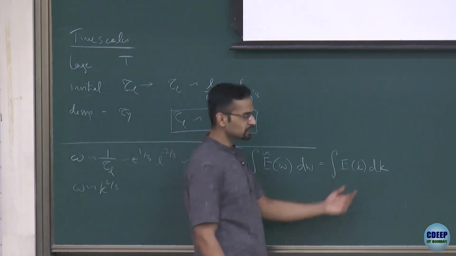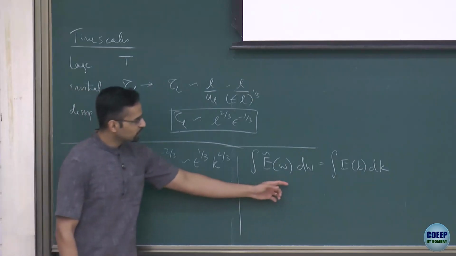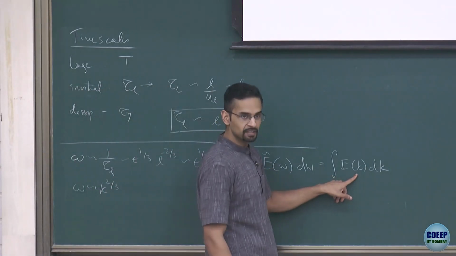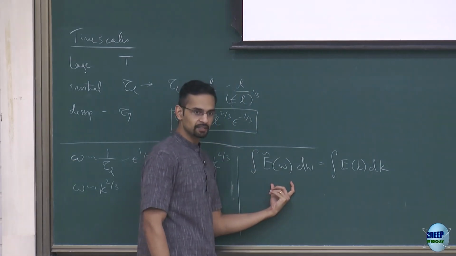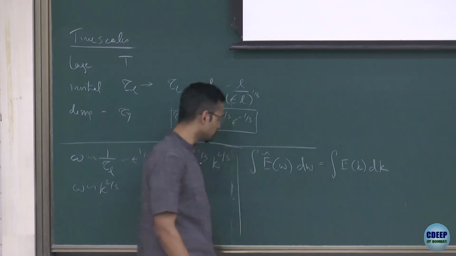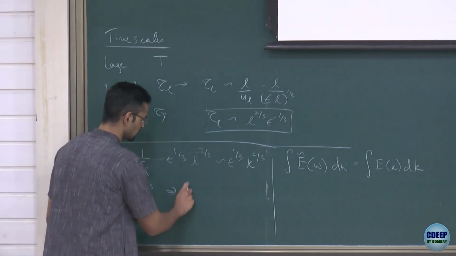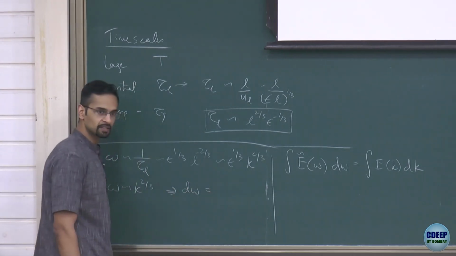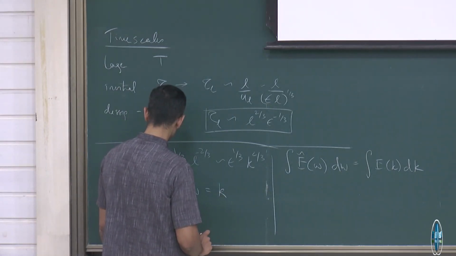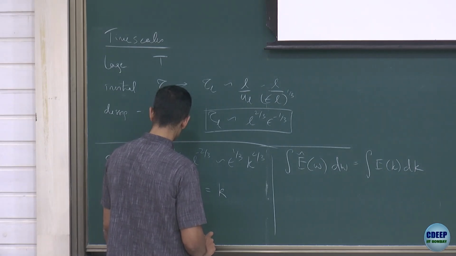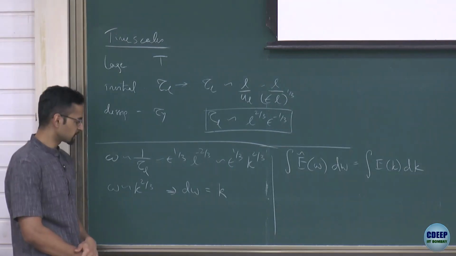So now you can think of this just as a change of variable, the way you change a variable in a PDF. I know this, k to the minus 5/3 dk. Can I rewrite it like this? The answer is yes, because I know the relation between omega and k. So from here I can just say d omega is equal to... what will be d omega if I differentiate this relationship?